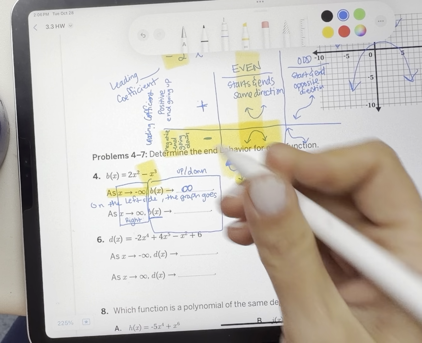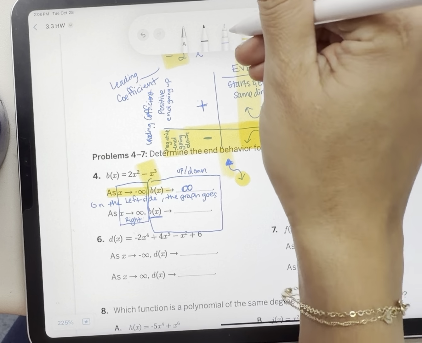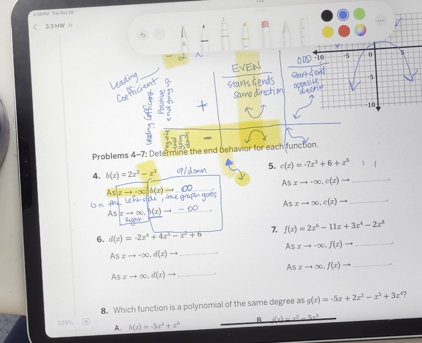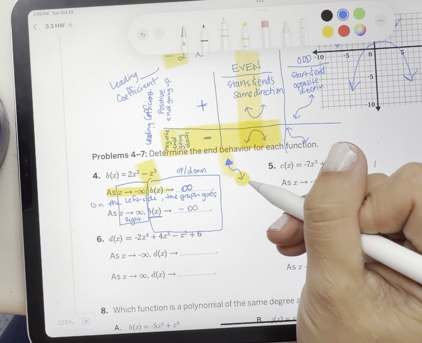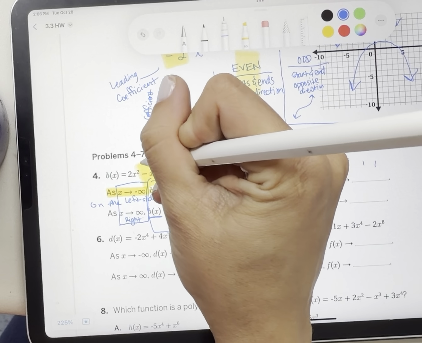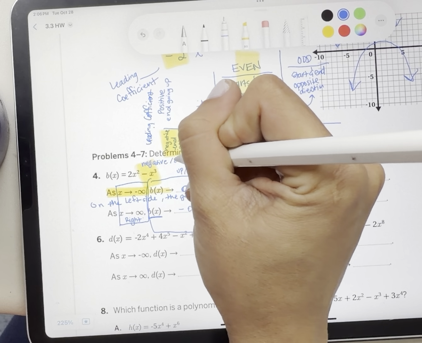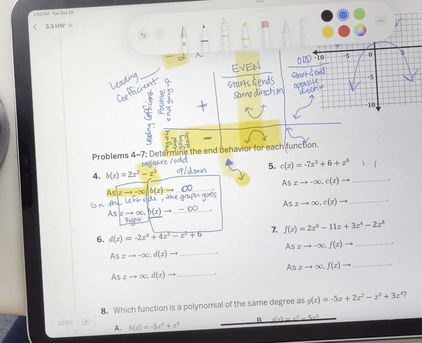Negative infinity because it's down. But why does it go down? I'm confused. The reason that it goes down is because this was a negative and odd lead coefficient or lead term.